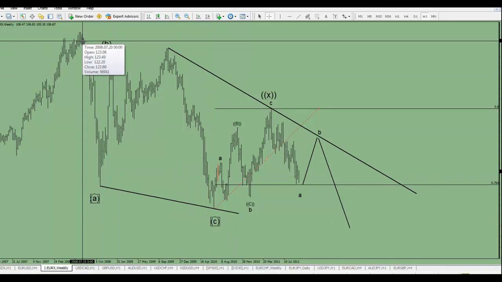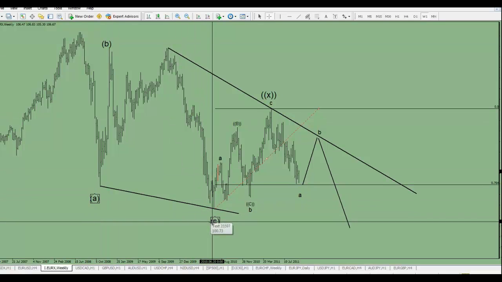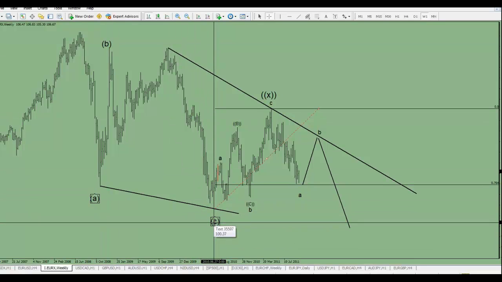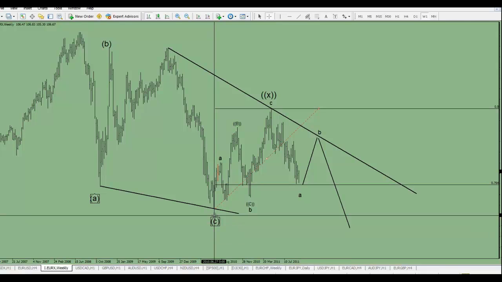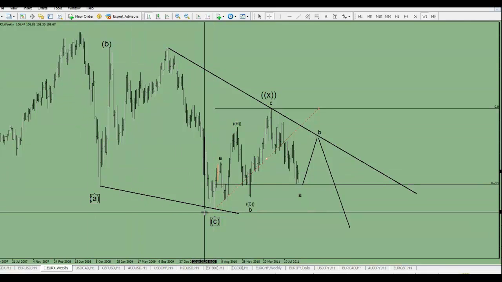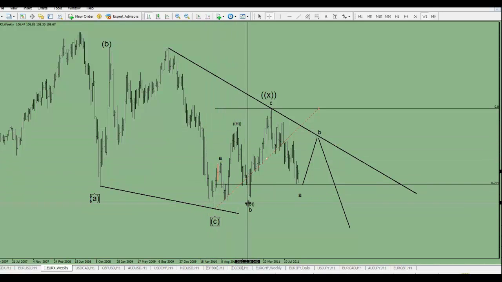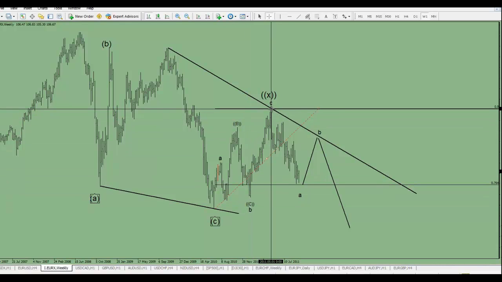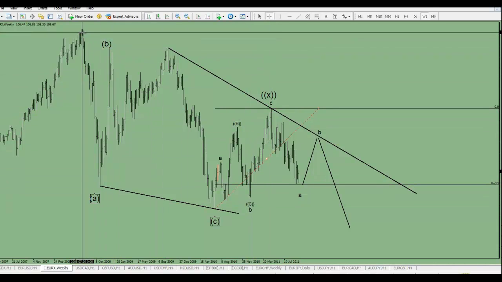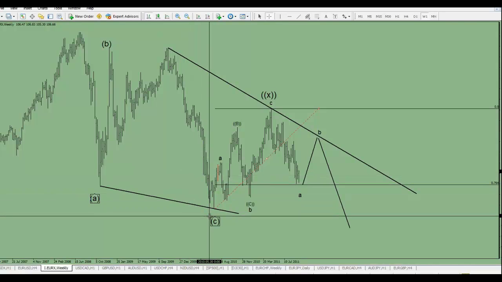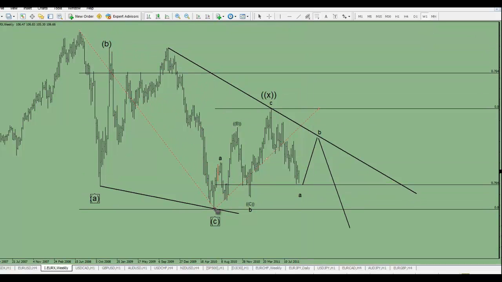So technically the euro did A, B, B and C as a double zigzag to the lows that we saw last June. From there we got A, a flat B and a C to the 618 of this whole move right here. That's the 618 right there of the whole move.